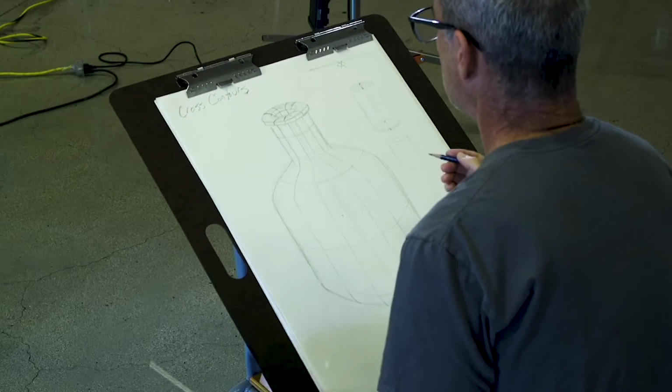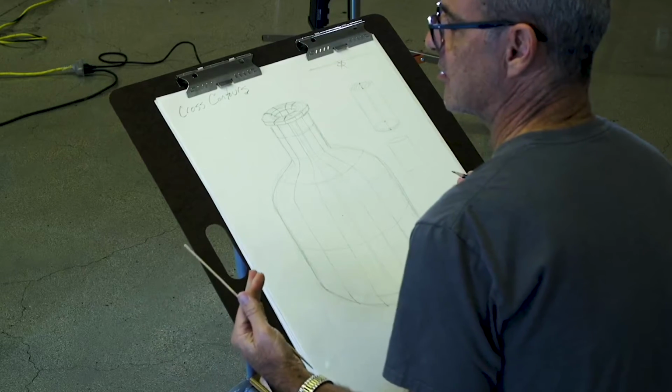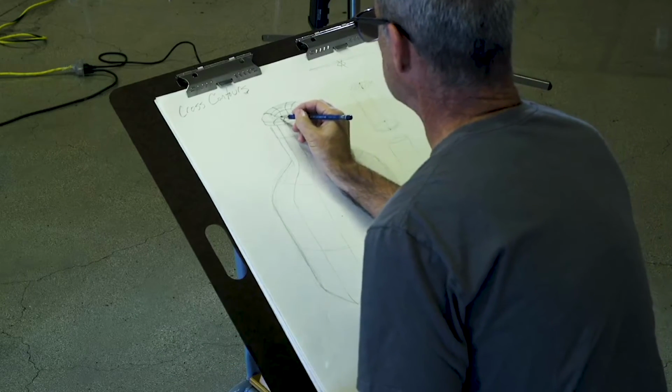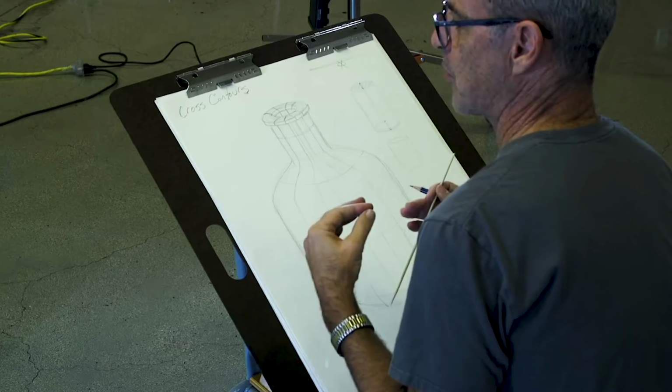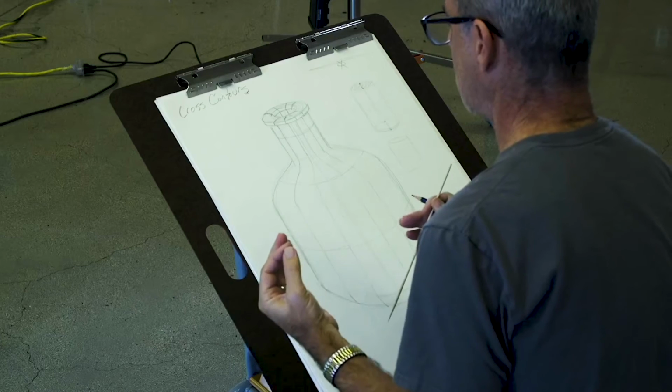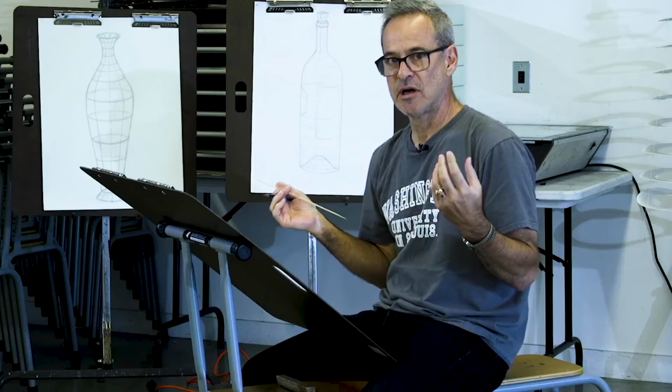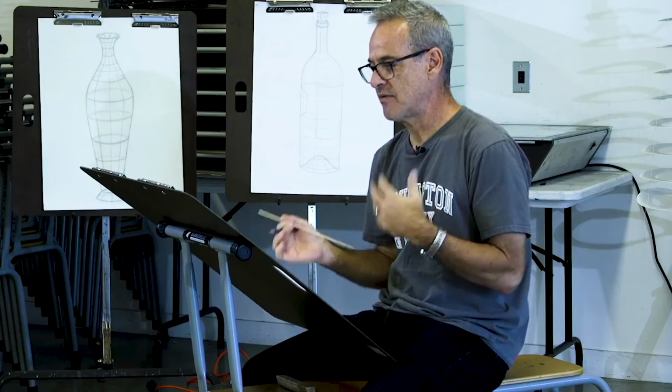The other thing you can do if you want to get really fancy, you want to be more advanced, is weighting the line. So we talked about line quality when we were doing the contour drawing. And line quality means, as you all know, the character of the line. We also have line weight.